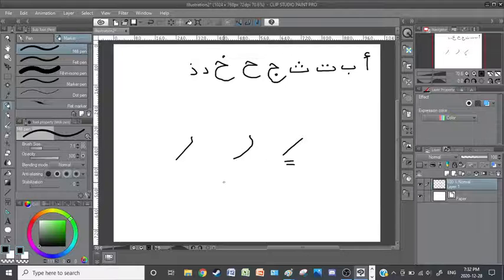This letter is called Ra. Notice the heavy sound. It is not R as in English, or as in German or French. It is Ra.